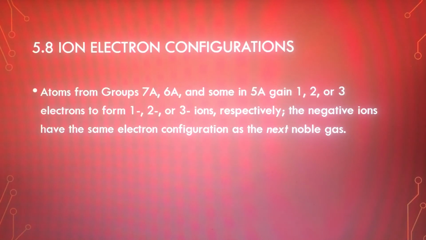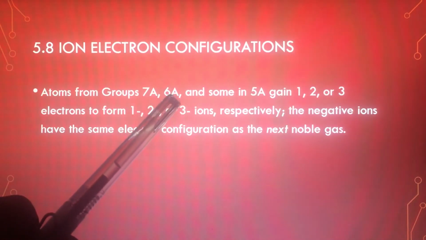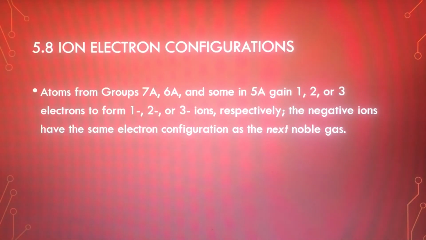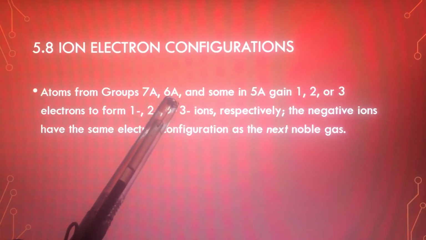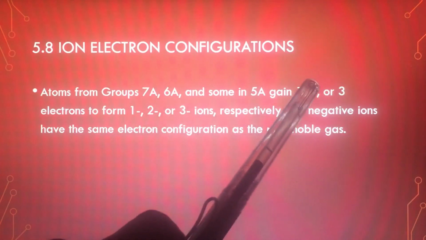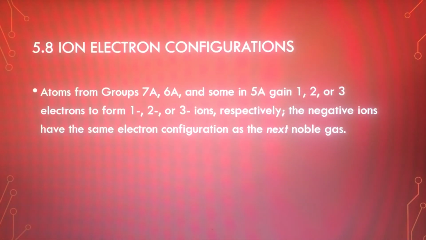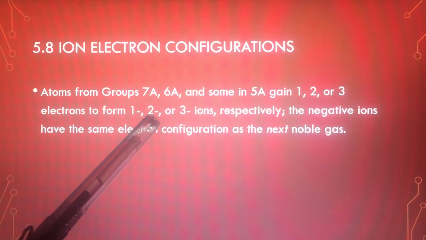This time we'll use oxygen. Oxygen is found in group 6A. Oxygen has 8 electrons. Remember, oxygen has 8 electrons. Group 6A will gain 2 electrons, so oxygen after gaining 2 electrons will be O2-.